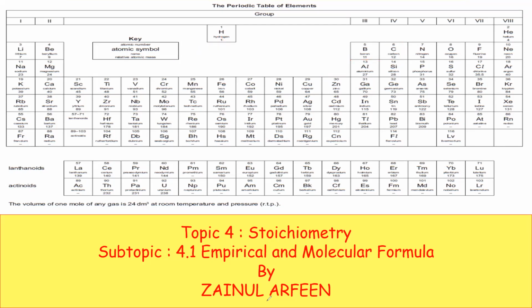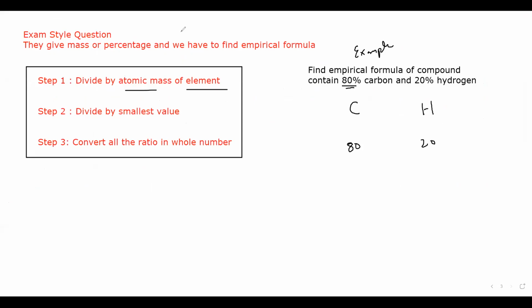So our first step, divide by atomic mass. So what we do, we'll divide this by 12, I'll use another color so that you can recall. We'll divide this by 12 and we'll divide this by 1. So what is the answer when 80 is divided by 12, sorry? That is 6.66.